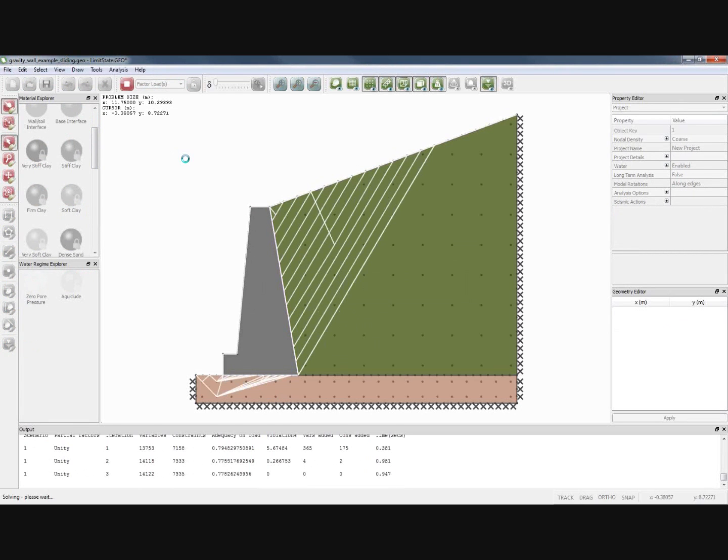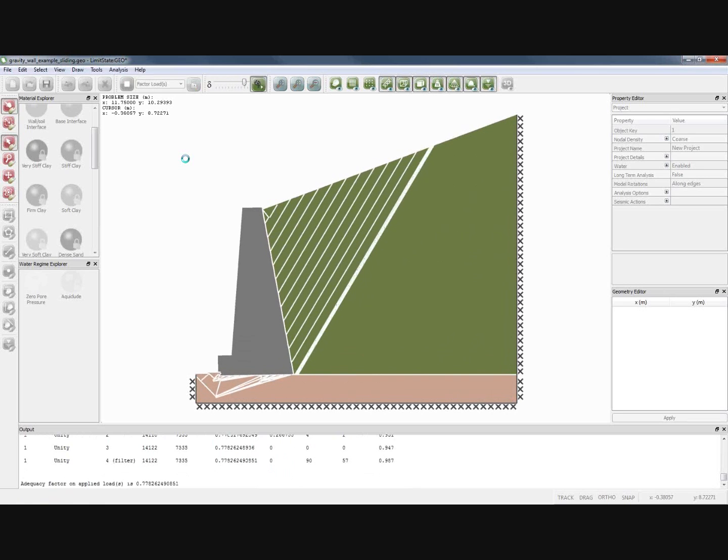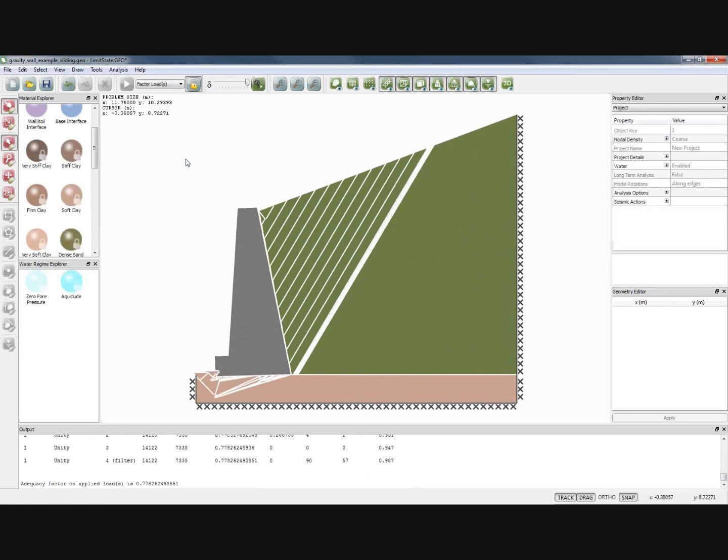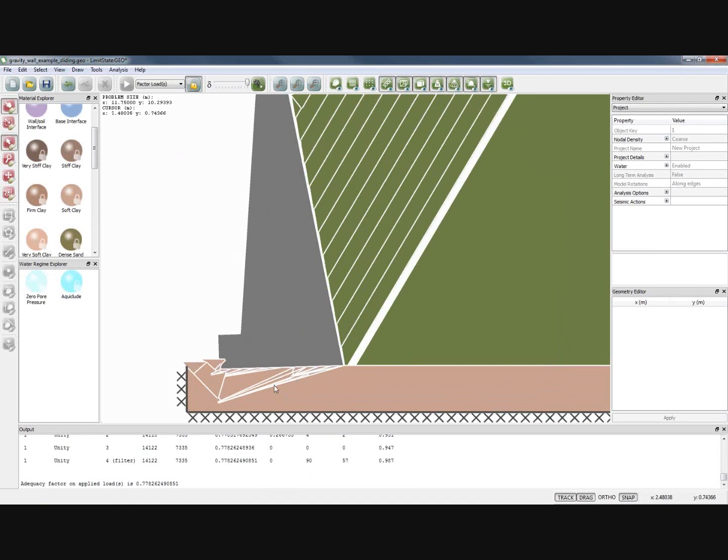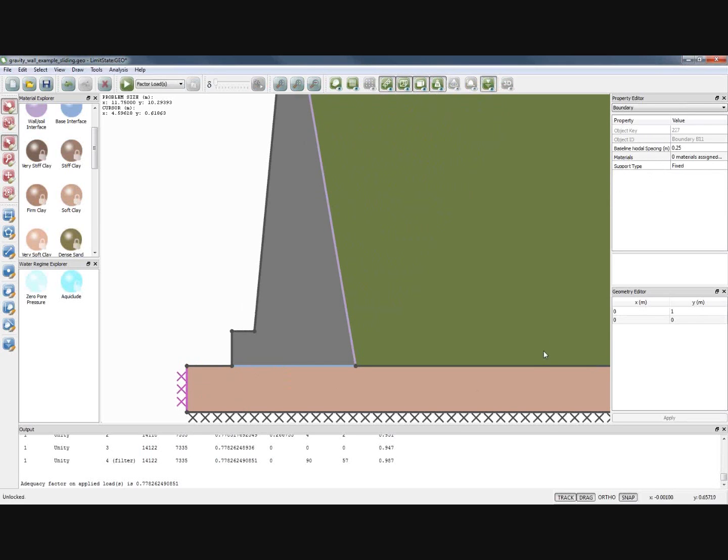The software realizes there's effectively eccentric loading on that wall, and then we're going to get sliding but a little bit of toppling or a combined failure. Now you'll see down here we've got sort of eccentric mechanism, bearing failure mechanism, and the mechanism is actually intersecting the boundary. Unless that's a real boundary, then that's not going to give us an accurate result. We should extend the boundary so the mechanism does not intersect with the boundary.